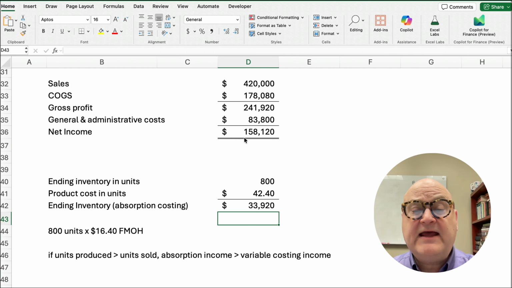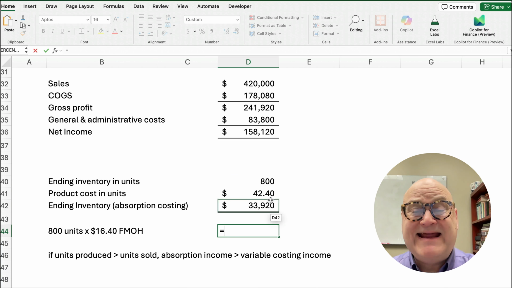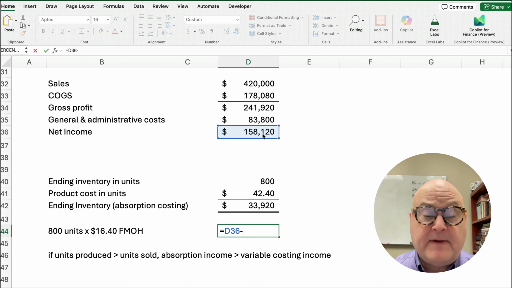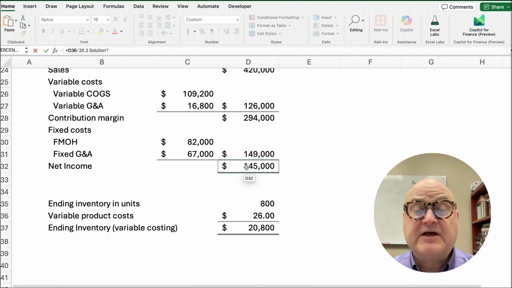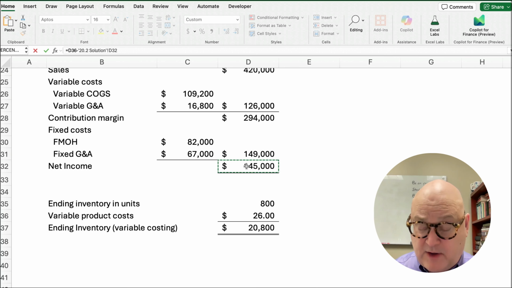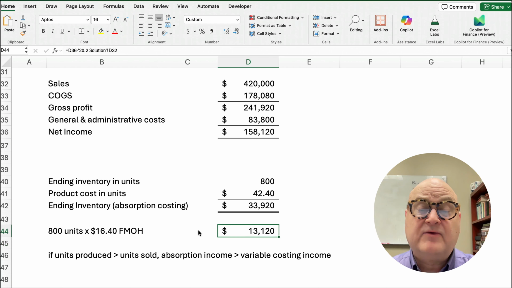Now, let's do a little bit of investigation on this. Are the 158,120 and the 33,920 the same as before? Well, no. Let's take the net income under absorption minus the net income of our previous problem, which is 145,000, the variable costing. The difference is 13,120. If we produce more units than we sell, then our absorption costing income is higher than our variable costing.